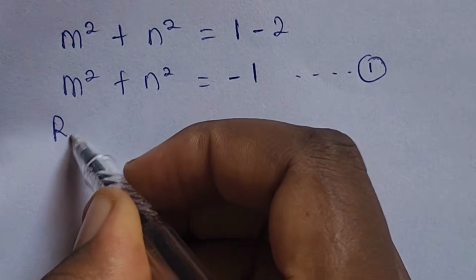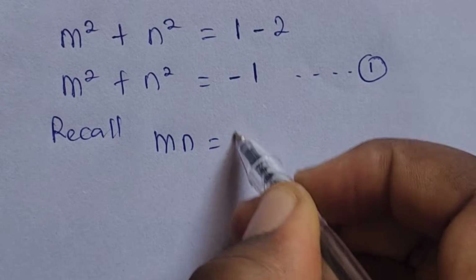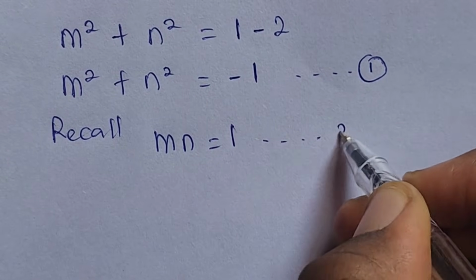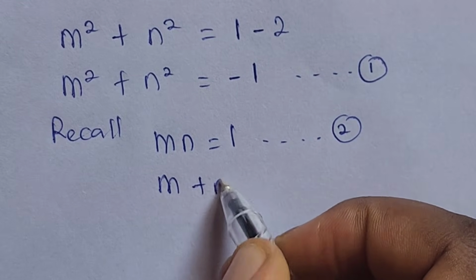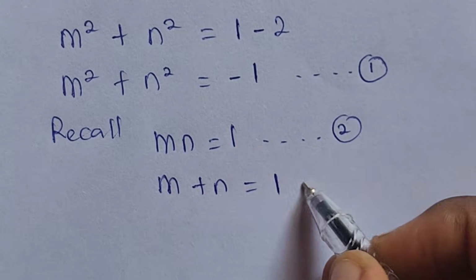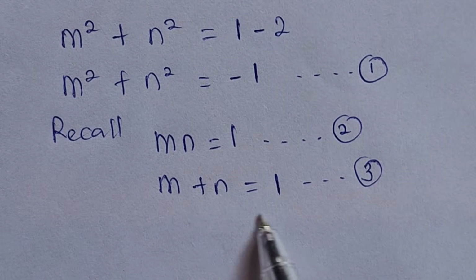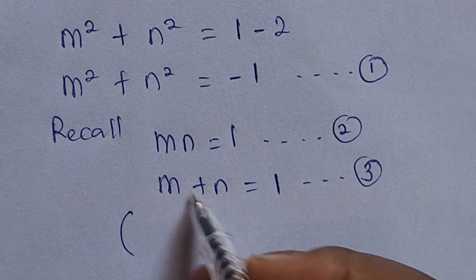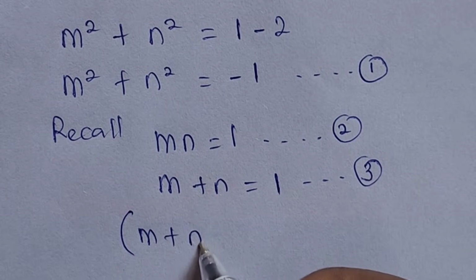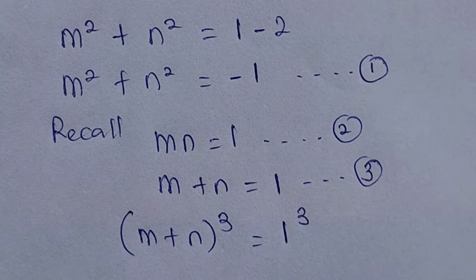Let's record the previous equations we have. We have that mn is equal to 1. Let's name this equation 2. And we also have that m plus n is equal to 1. Let's name this equation 3. From equation 3, let's take the power of 3 to have (m plus n) to the power of 3 equal to 1 to the power of 3.